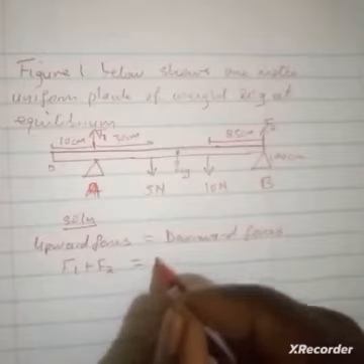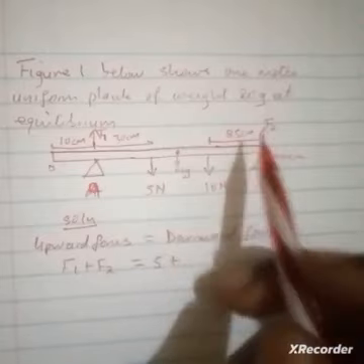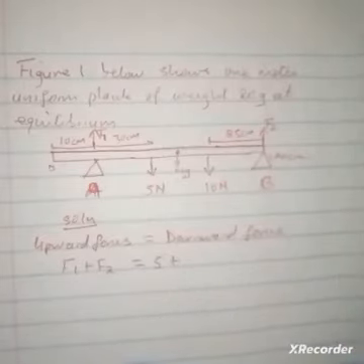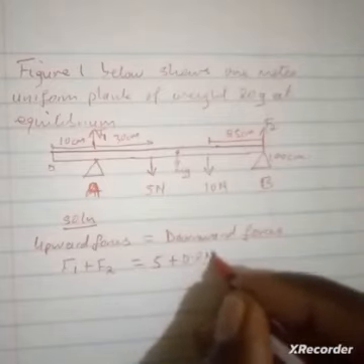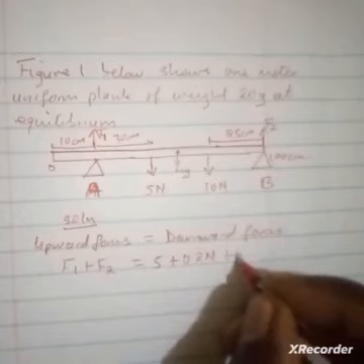So we have 5 Newton plus, if I convert that mass of 20 into weight, that is 20 divided by 1000, we get 0.02, then times 10 gravity, then inatupatia 0.2 Newton, then plus 10 Newton.